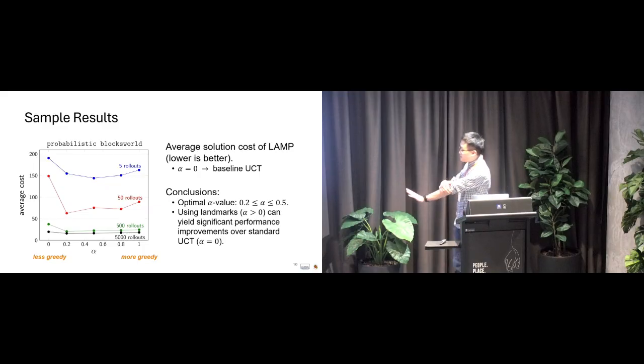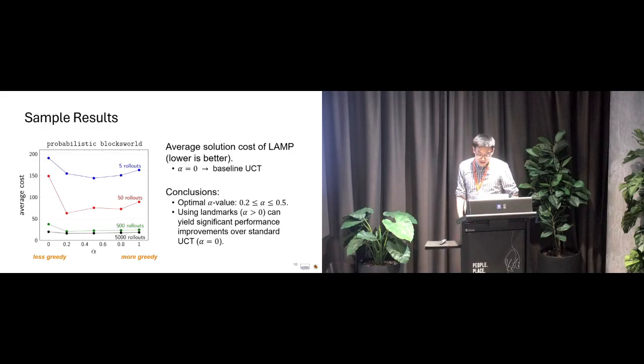Now, all the way on the left, alpha equals 0, that's the baseline, remember, so this is standard UCT without any landmark guidance. Standard UCT is asymptotically optimal. As the number of rollouts approaches infinity, you will eventually converge to an optimal solution. But in a large problem, this can take prohibitively long. What's interesting is that if we introduce landmark guidance by increasing alpha, we can also see significant performance improvements, achieving much lower cost solutions.